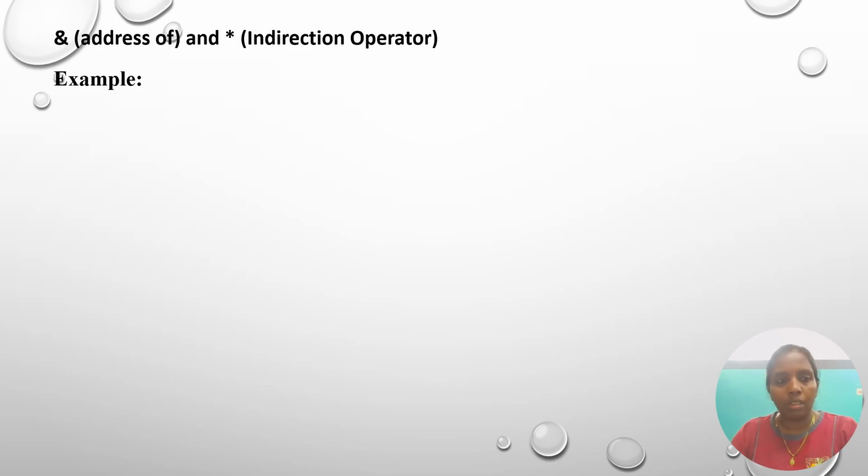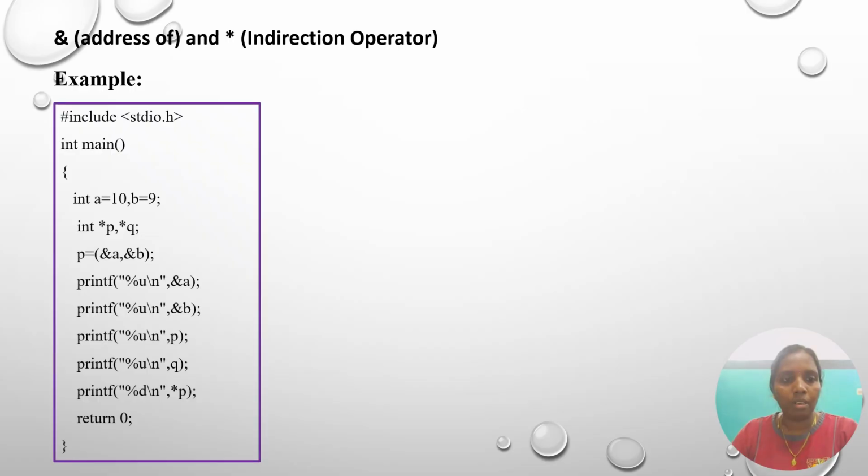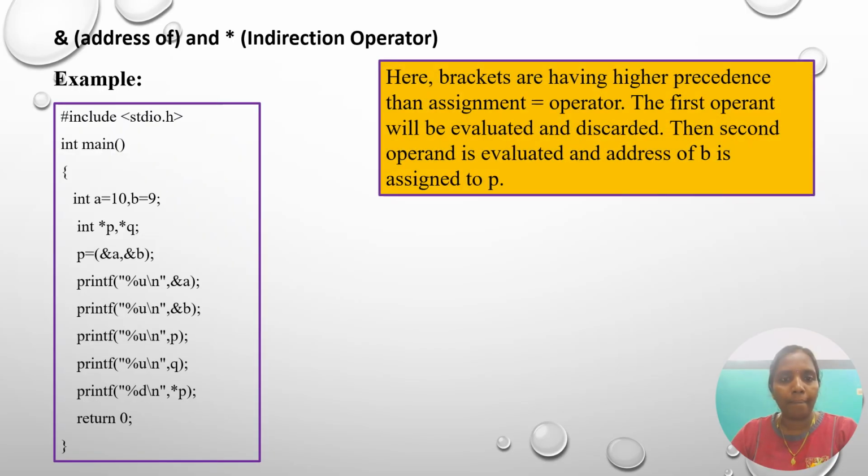So this is the next example showing the address and indirection operator. Here brackets are used for higher precedence than the assignment operator. The first operand will be evaluated and the next one will be discarded.